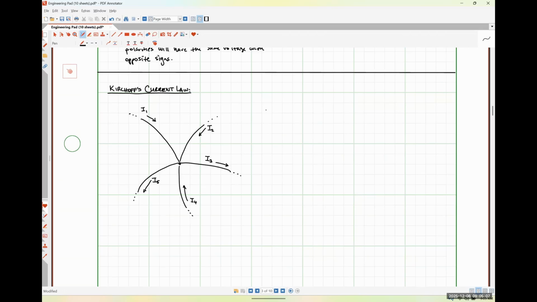And then over here on the right-hand side, I'm going to write KCL number 1, because this is one of three ways that we can choose to interpret Kirchhoff's current law.